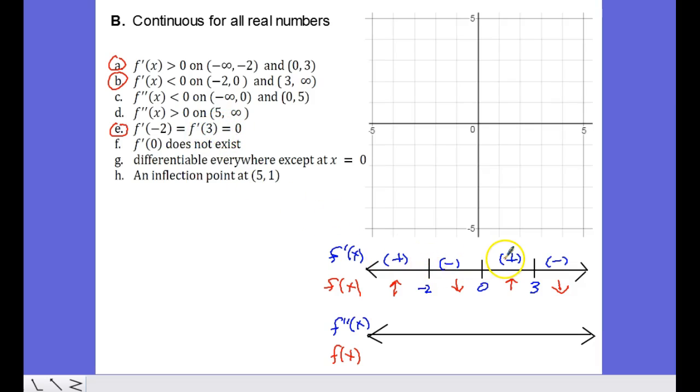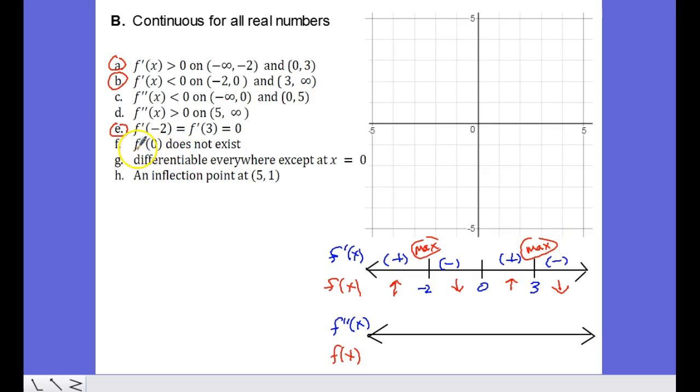That means that these are local extrema. And since the original function is changing from increasing to decreasing, that means that at negative 2 we're going to have a relative maximum. And since f prime of 3 is equal to 0, at 3 we're going from increasing to decreasing. That'll be another relative maximum.